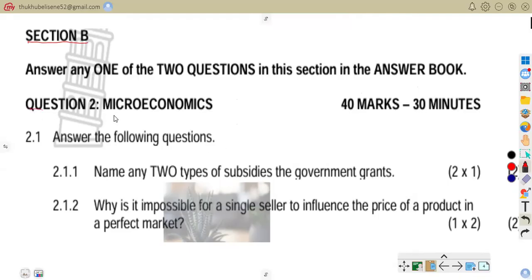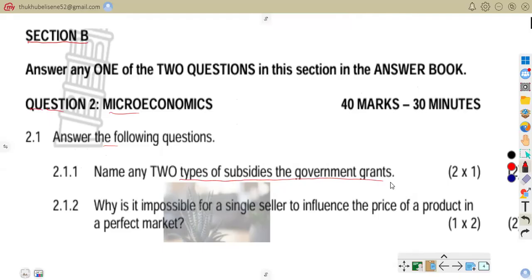So question 2, microeconomics. So 2.1, answer the following questions. As it says, 2.1.1, name any two types of subsidies the government grants. So types of subsidies, we have producer subsidies, we have consumer subsidies.